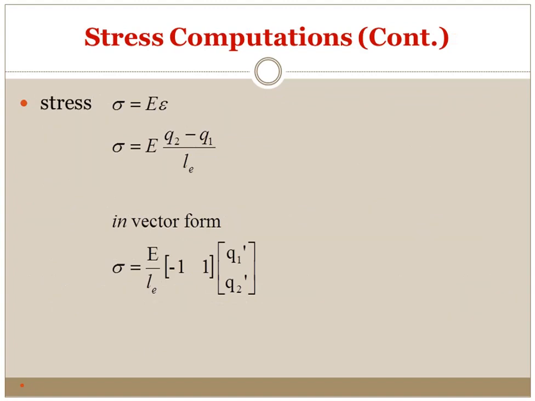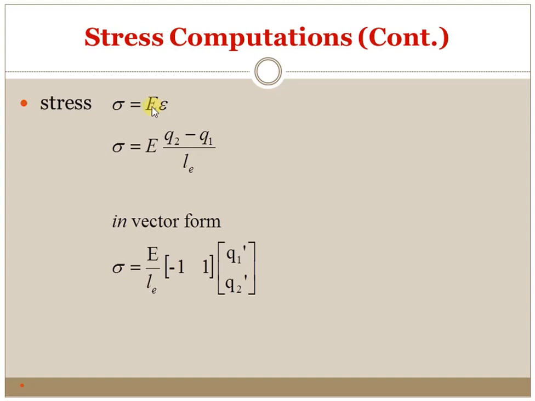Now after calculating the stiffness matrix, the next aim is to calculate the stress developed in the bar element. The stress is very well known. The stress is nothing but strain times Young's modulus. We can simply say Young's modulus equals stress upon strain.